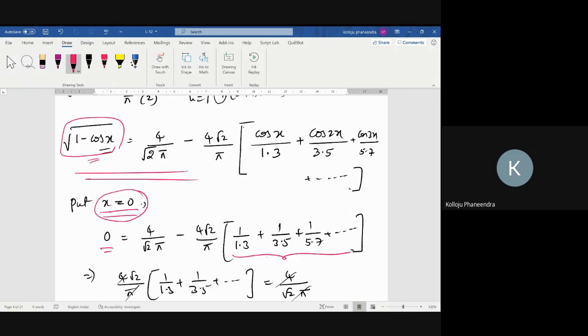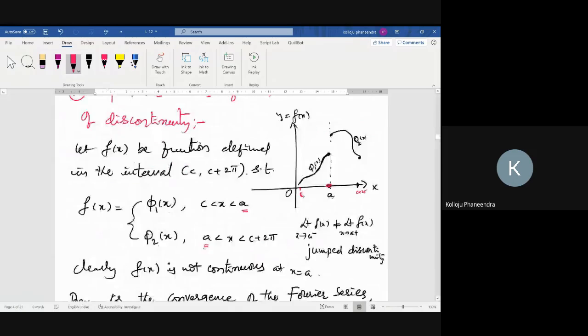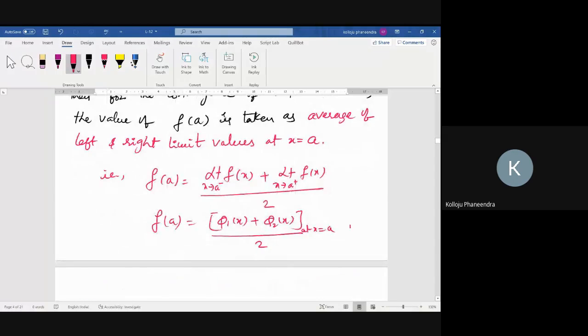I will show in the problem. Just assume at x equal to 0 the function is not defined. Then how to evaluate this series expansion? Then at x equal to 0, the function is taken as the average of the left limit and right limit at x equal to 0. That is the use of this discontinuity. At a point of discontinuity, the Fourier series function value is taken as the average of left and right limit. Okay, this is the first point.